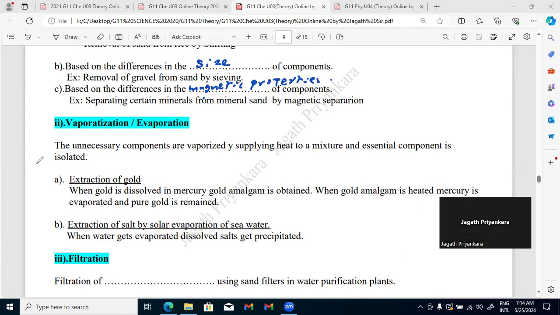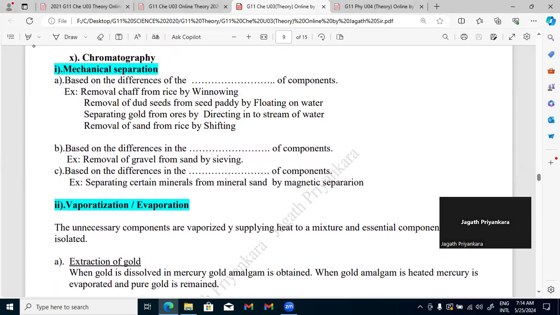The previous one with the blanks, right? That is based on the difference in the, wait, not size. Actually, this is size. This one is based on the difference of the size. Here it should be density. I can write here physical properties within brackets, like density of the component.